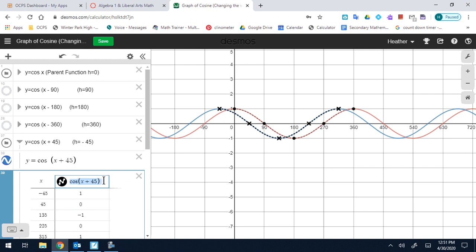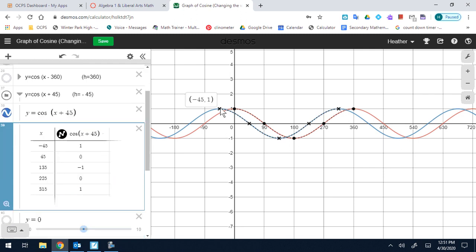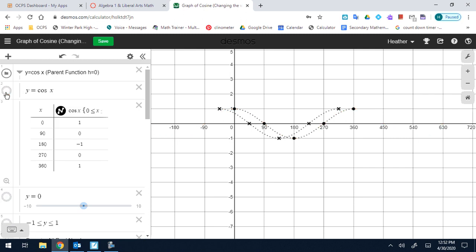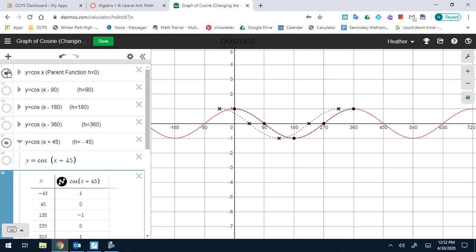And again, I think I forgot to restrict this one. Oh, no, I didn't. Okay, there we go. So what was 0, 1 became -45, 1. 90, 0 became 45, 0. So see how I'm subtracting 45 from the x? That's all that's happening there. I'm just subtracting 45. So that shift is just to the left 45 degrees. Because h in this case is negative.